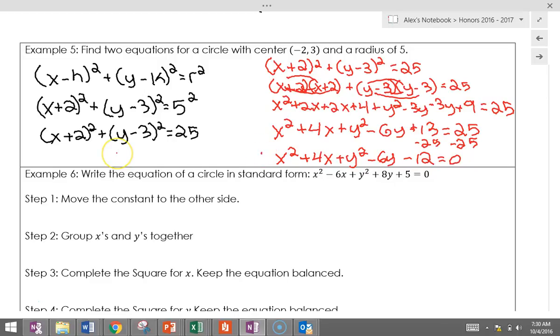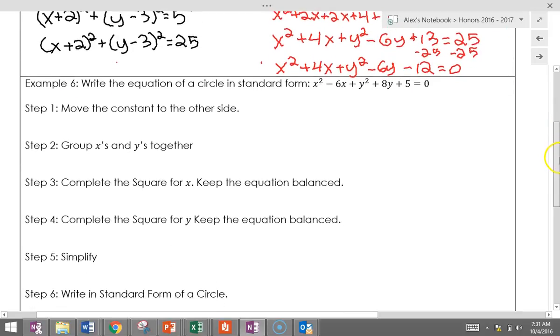Our two equations, one we call standard form, and one's the general form of really any equation. So what we're going to look at today is starting with this general form, given this type of equation, getting our center and our radius. It's a little bit more complicated because it's not just there for us like it is in our standard form.